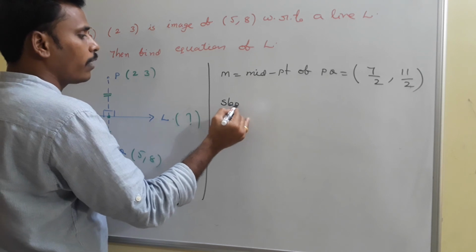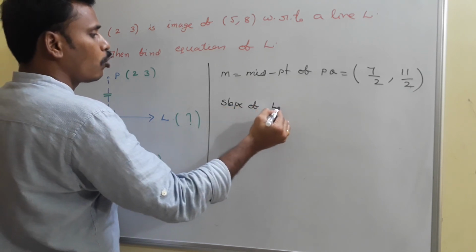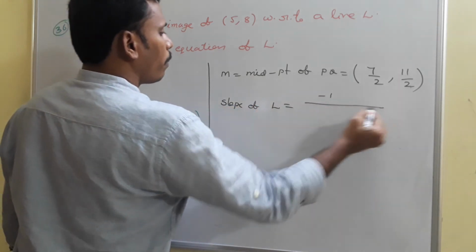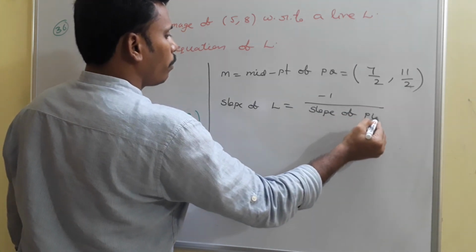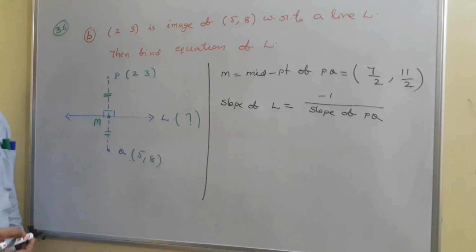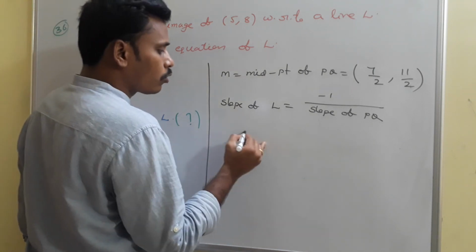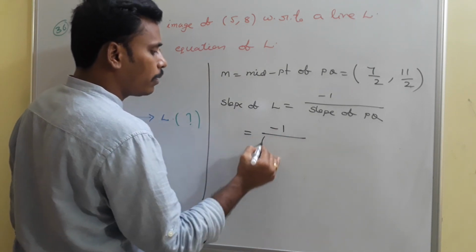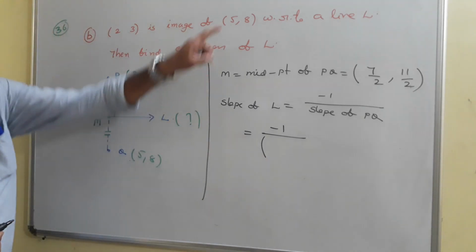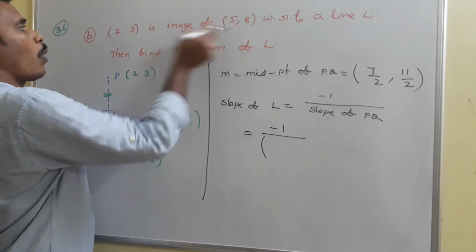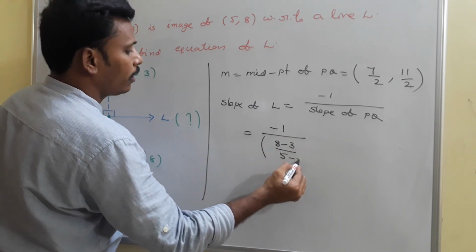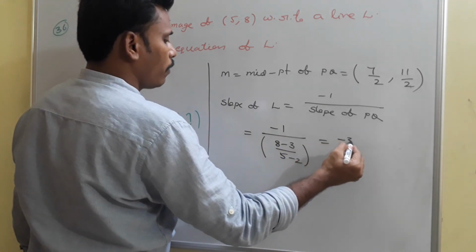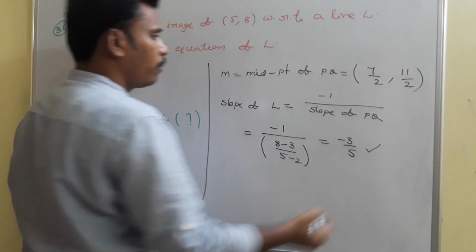And then the slope of L. Slope of L is equal to minus 1 by slope of PQ. Why? Because PQ and the line L are perpendicular to one another. So that is equal to minus 1 divided by slope of PQ. See, 5, 8 and 2, 3: y2 minus y1, 8 minus 3, divided by 5 minus 2. If you simplify, you will get it as minus 3 by 5.